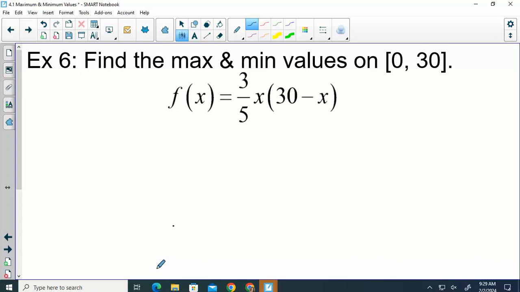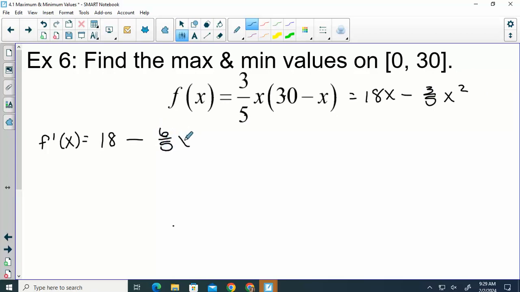So if I want my maximum and minimum values, what would you probably do first? Distribute. So let's see, if I distribute 30 divided by 5 is 6 times 3 is 18x minus 3/5 x squared. So the derivative of 18x is 18 minus, the 2 would come down, so we would have a 6/5 x.